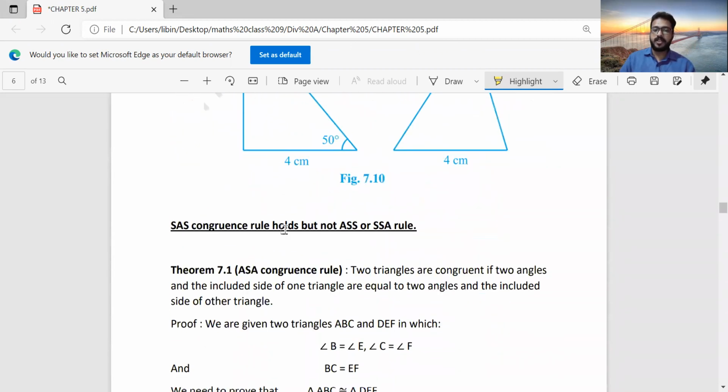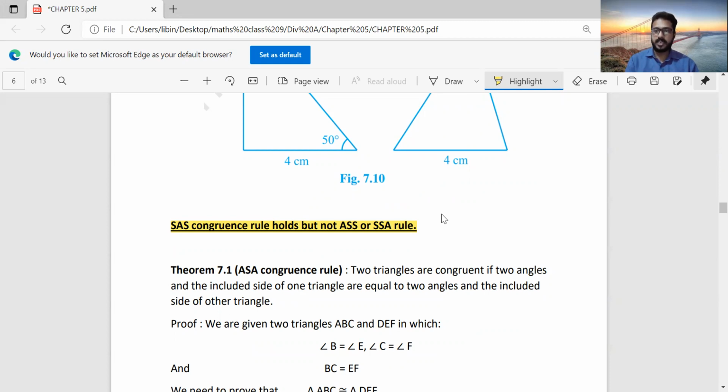And when we proceeded further, we have checked that SAS congruence holds, but not the ASS or SSA rule. What do you mean by SAS? As the name suggests, the letter A corresponds to the angle, and the angle should be between those two sides, not any angle.